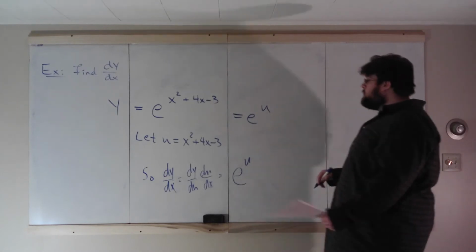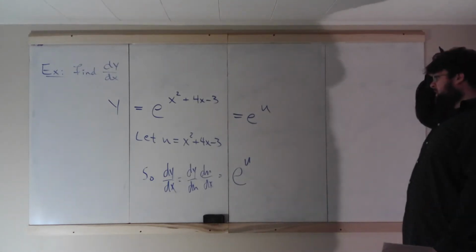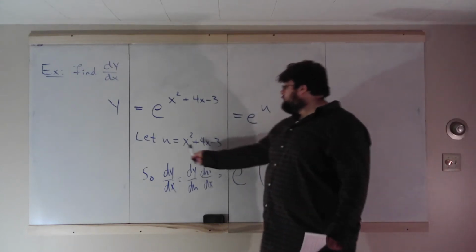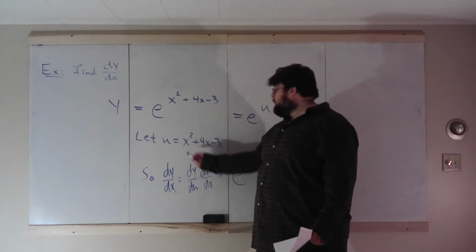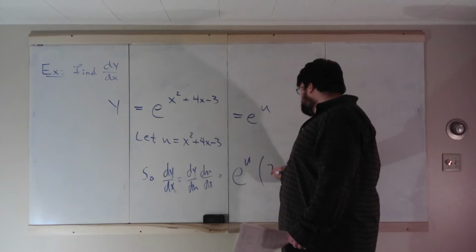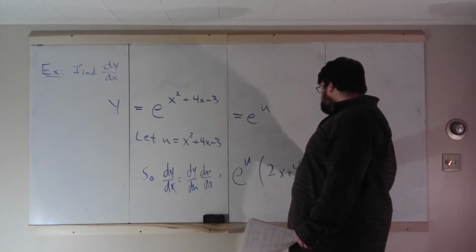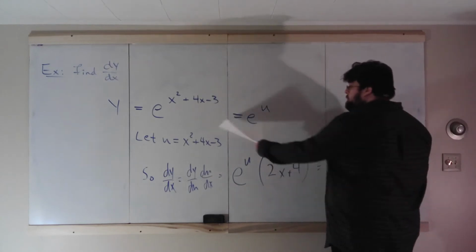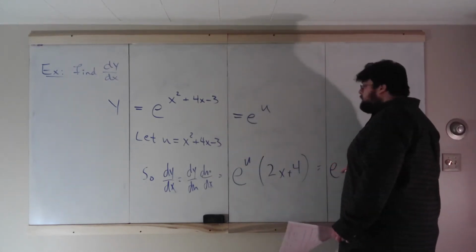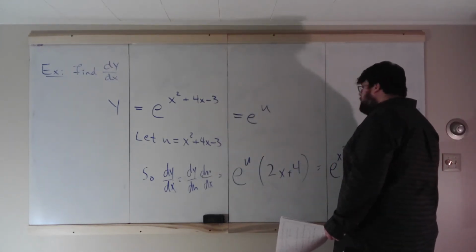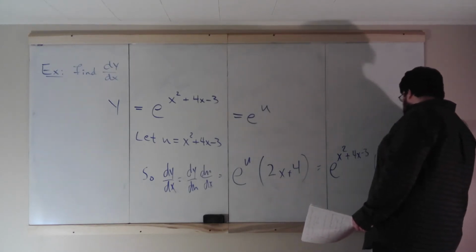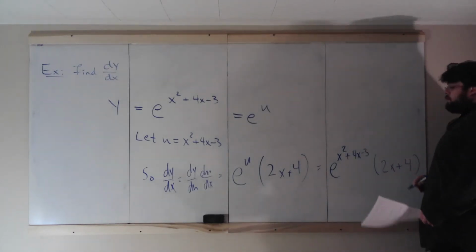Derivative of e to the u is itself. Du dx, derivative of this, well, that's just a polynomial: 2x plus 4. Don't have to factor that 2 out. So, replacing u with what u equals, we get our answer, times 2x plus 4.